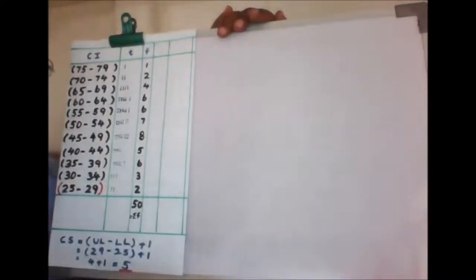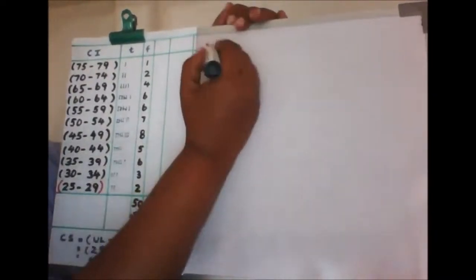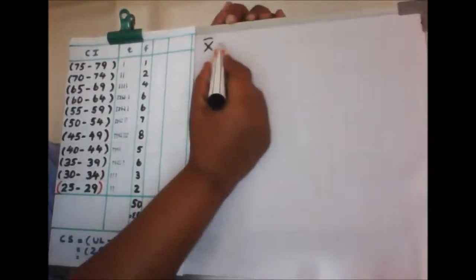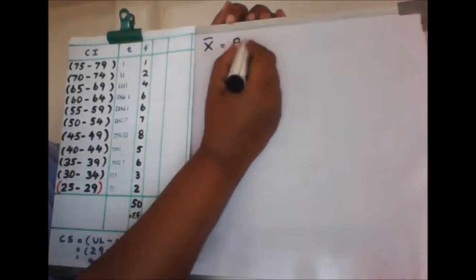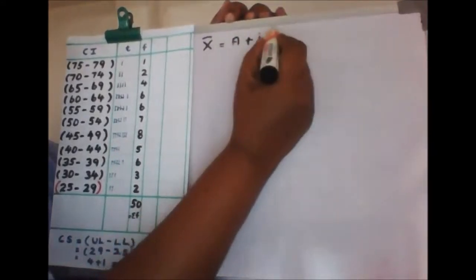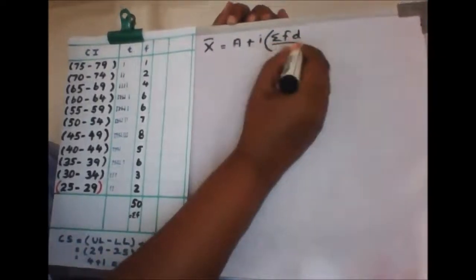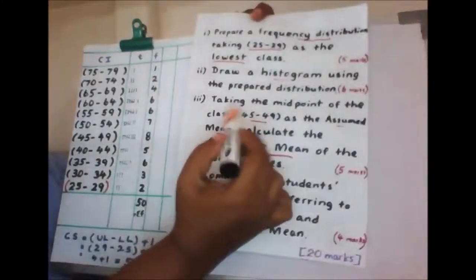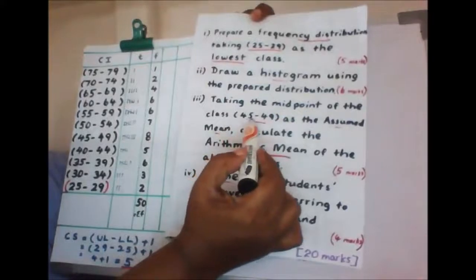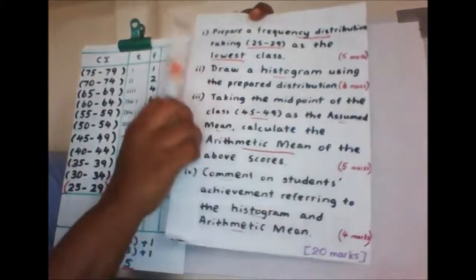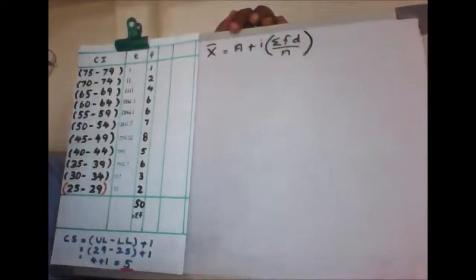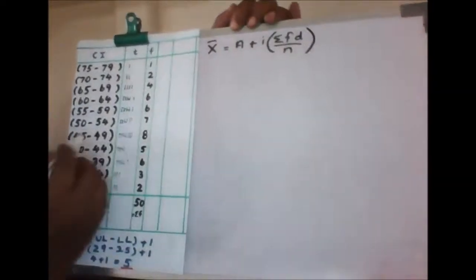So now the formula is x bar equals a plus I into summation FD divided by n, right? Then we have to find a. According to the problem, they have asked you to take the midpoint of the class 45 to 49 as the assumed mean. Where's that class 45 to 49? Here.